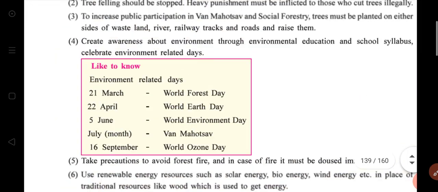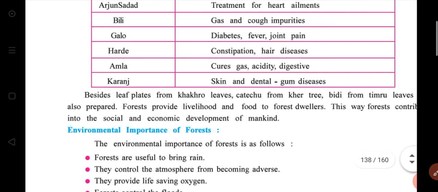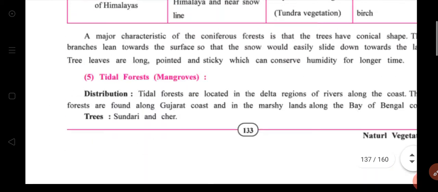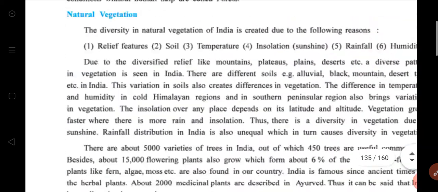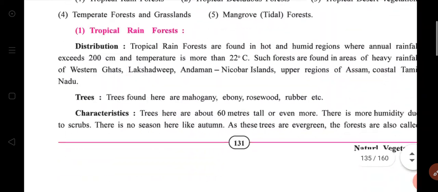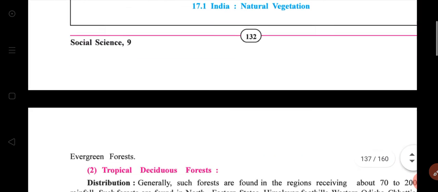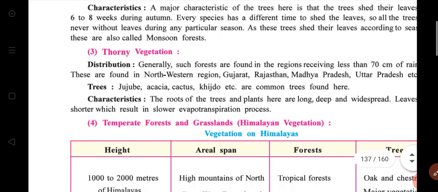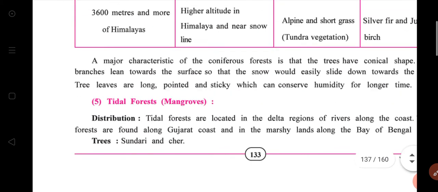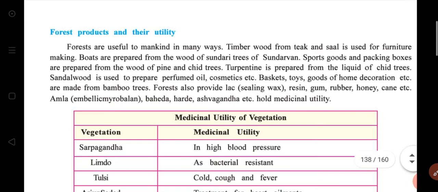This whole chapter is very important, so we don't skip a single point or single topic from this chapter. Types of forest, natural vegetation, distribution, trees, characteristics, which is very interesting and very useful.